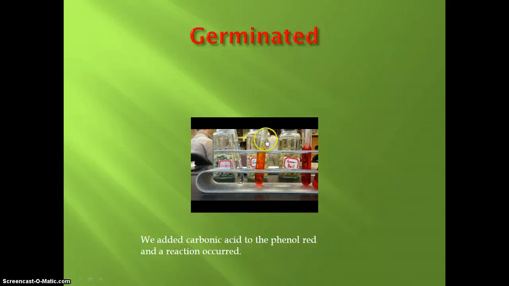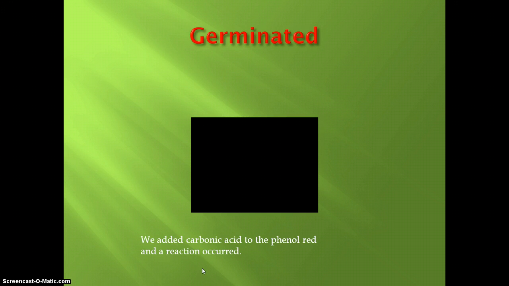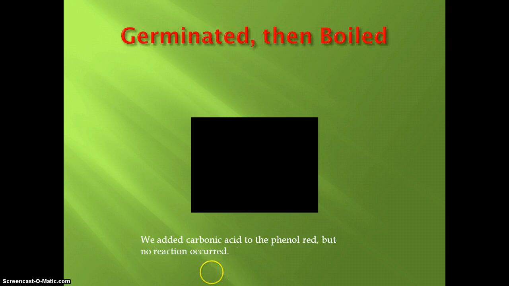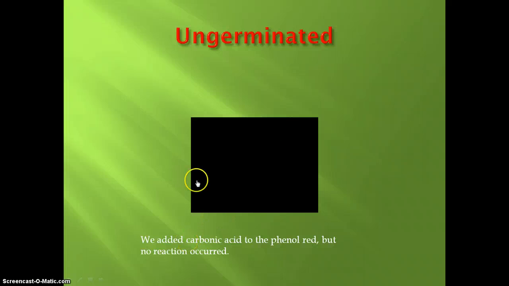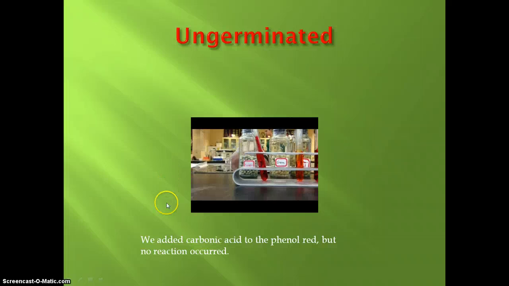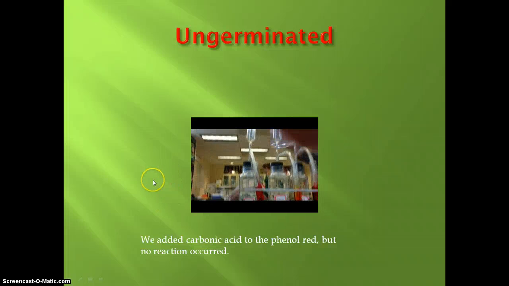Now it has a brighter, almost orange color. So a reaction occurred in germinated peas. Sorry, having a bit of a typo here. Anyway, ungerminated. That's it over here.